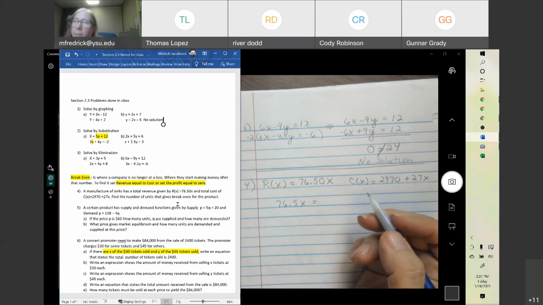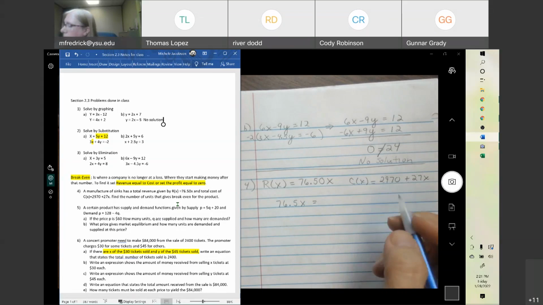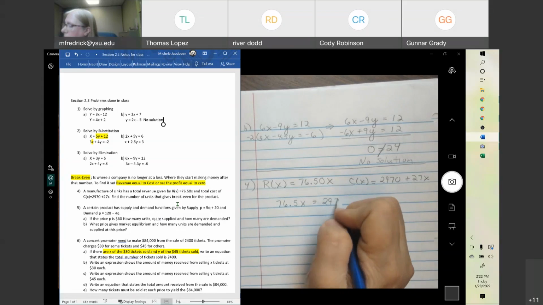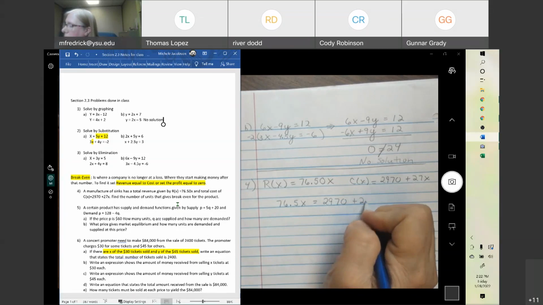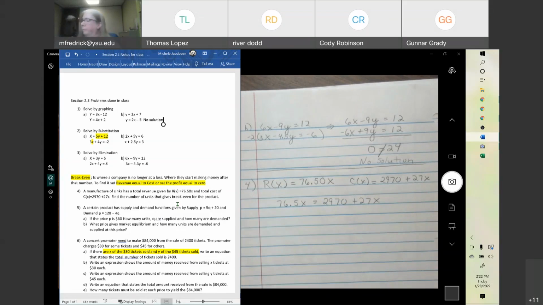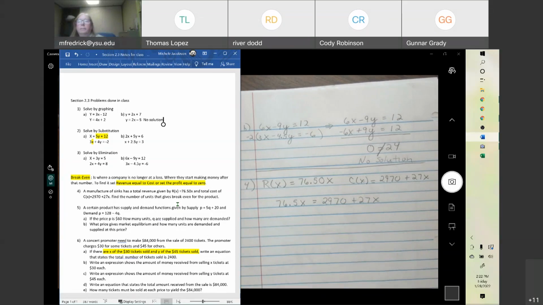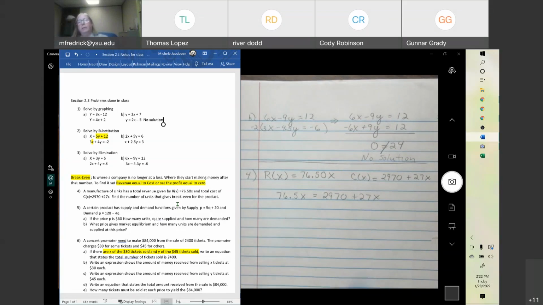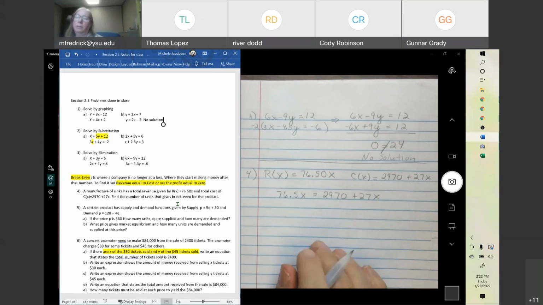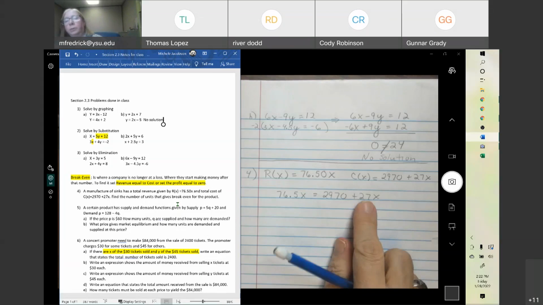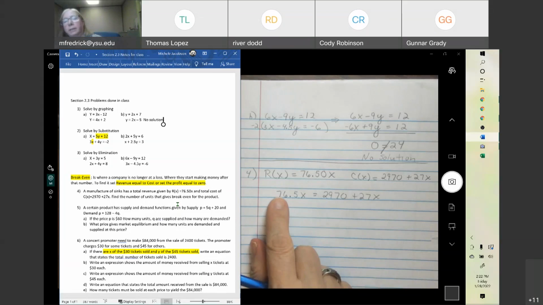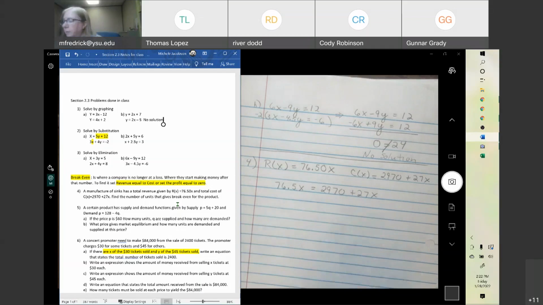This would be like substitution. So I set revenue equal to cost. I'm going to subtract the 27x to the other side to combine the x's.